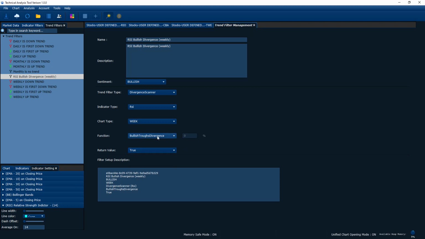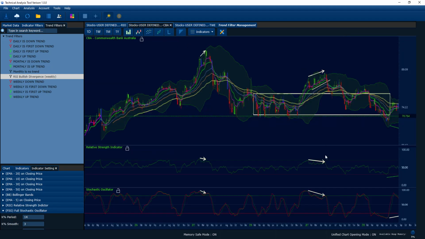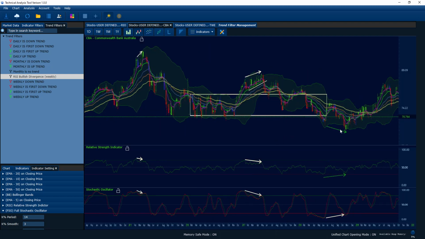The bullish low divergence means this kind of condition: you can see this is a low, and another low. The second low is lower than the first low on price, but the RSI has a higher low, so that's called the bullish low divergence.